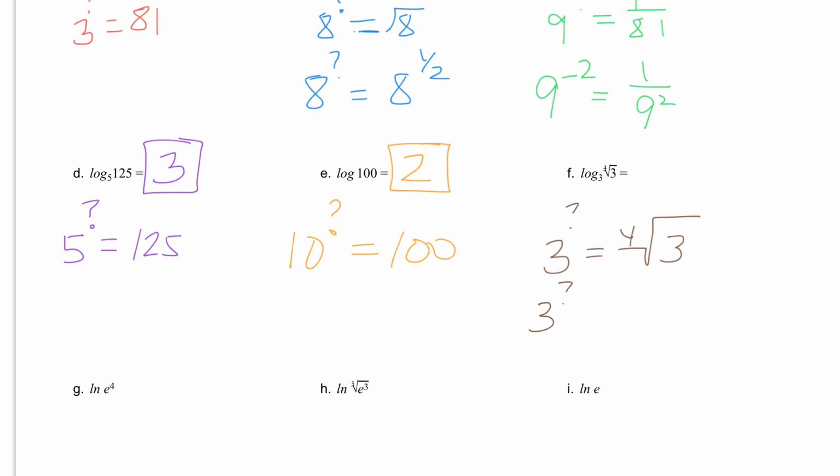We have 3 to something equal to 3. The number here, this 3 is being raised to the first power. That goes to the top of our fraction and our exponent, and the root that we're taking is the denominator. So this is the same as saying 3 to the 1/4. So if we're thinking 3 to something is 3 to the 1/4, this question mark has to be a 4th. So this would equal 1/4.